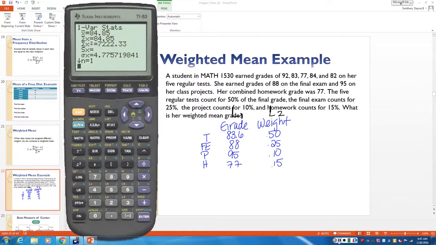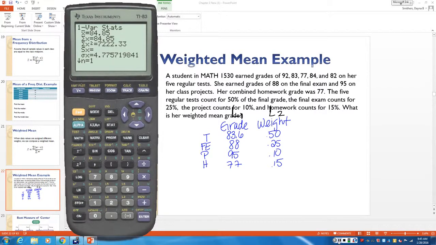So you're not doing L1, comma L2. You're putting L1, then L2 in the actual spot here. If you didn't have it there, how do you put it there? Second and the number 2. Now I have that there. Then you press Calculate, and you have the same answer. Is that okay? If you have the new calculator?